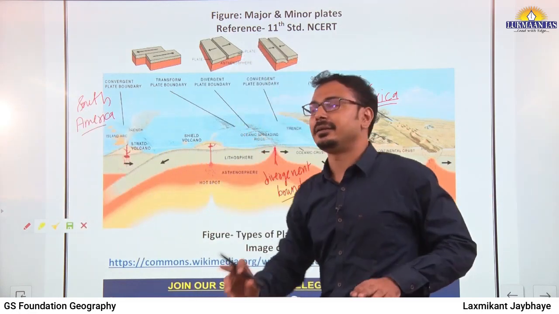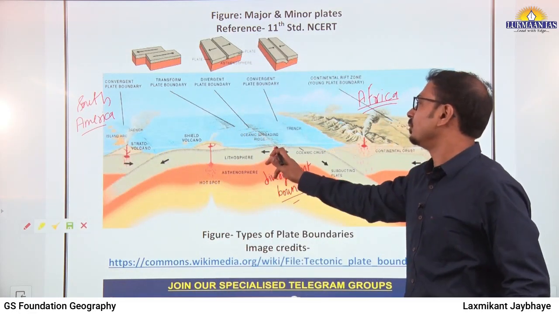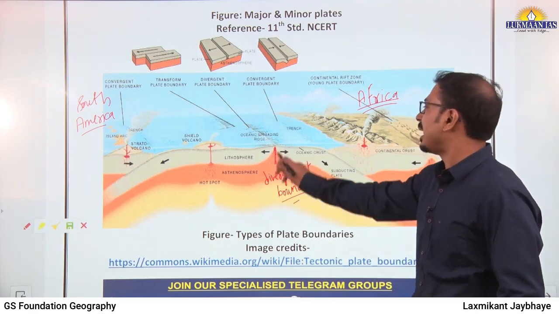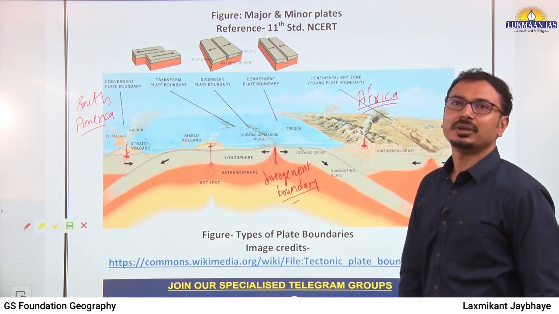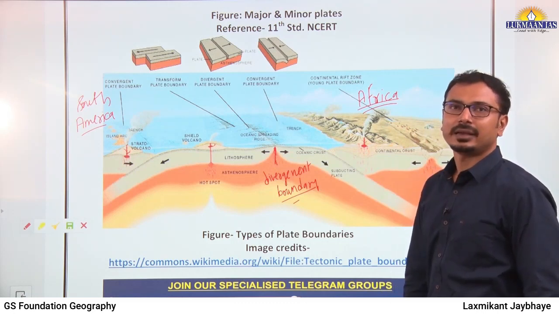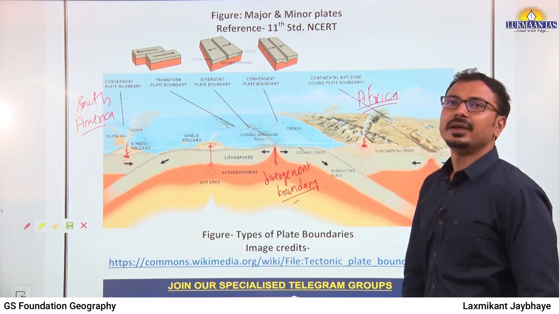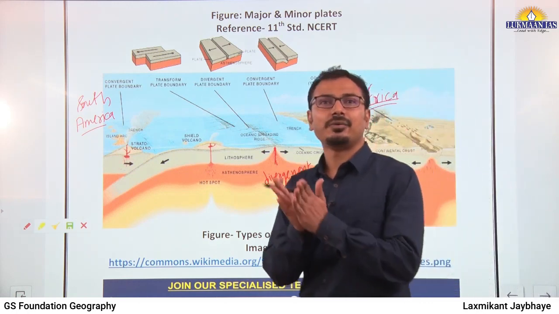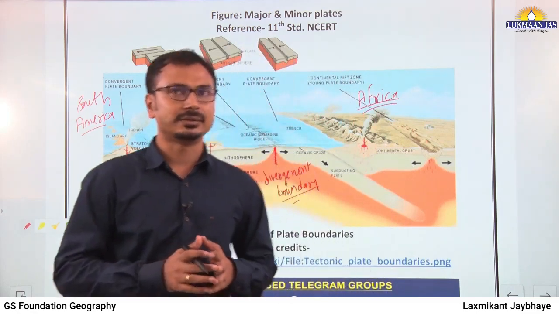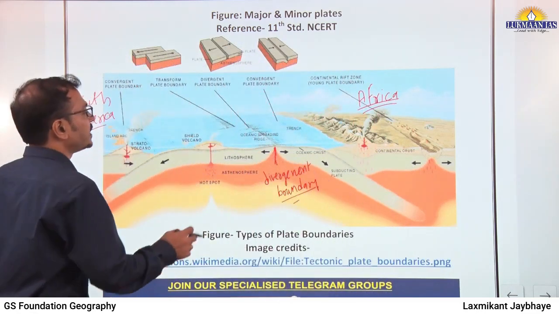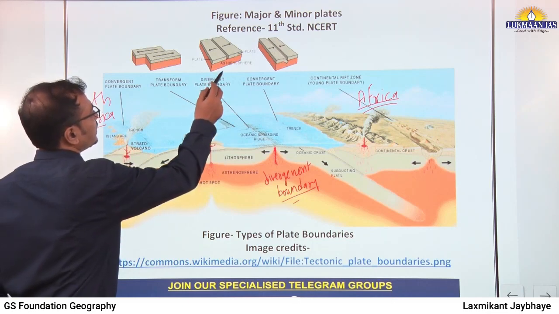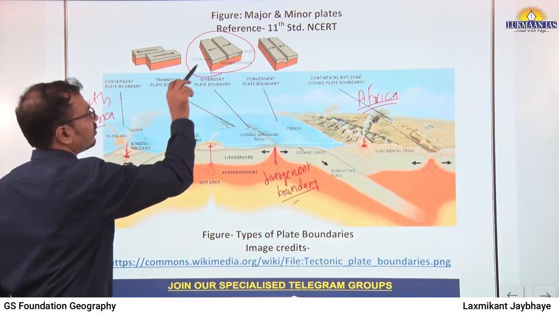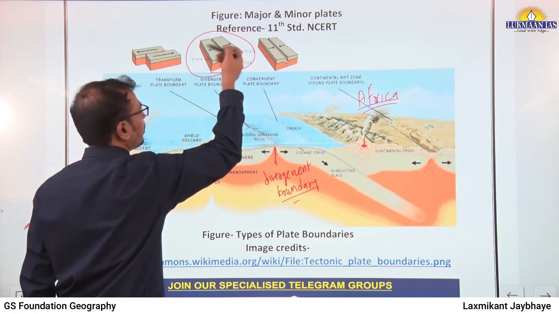That created the weak zone wherein the magma is continuously coming up. This is called divergent plate boundaries. You can see the plate nature: the plates are moving away from each other.